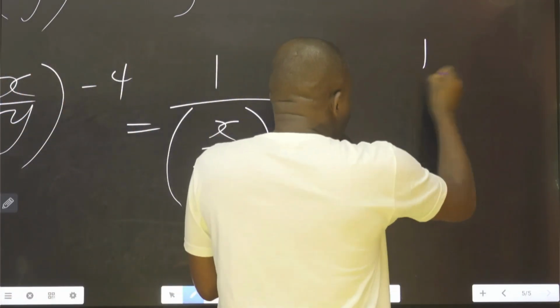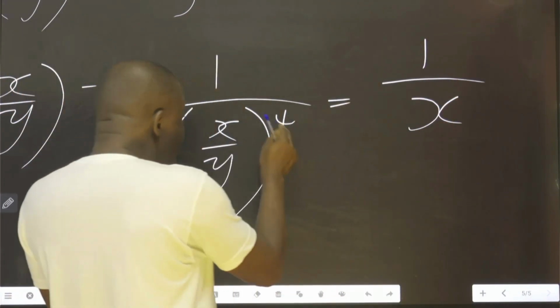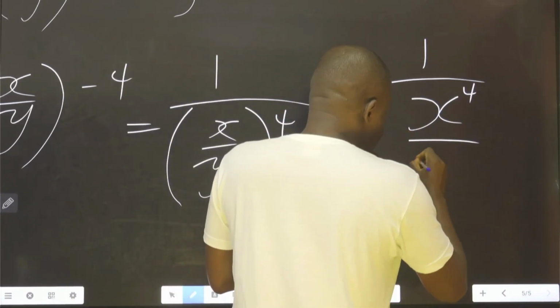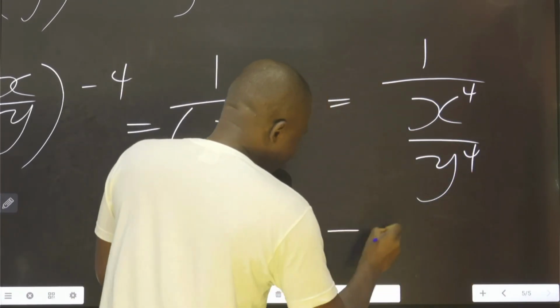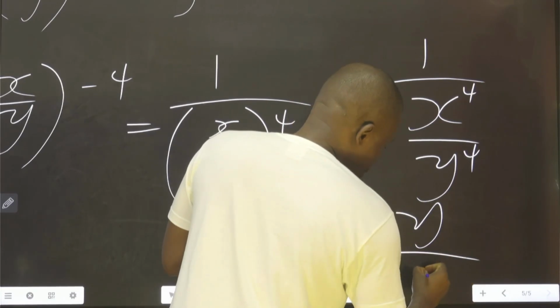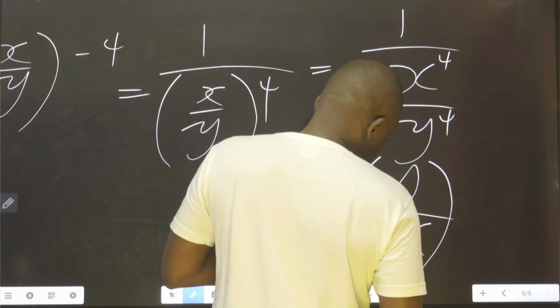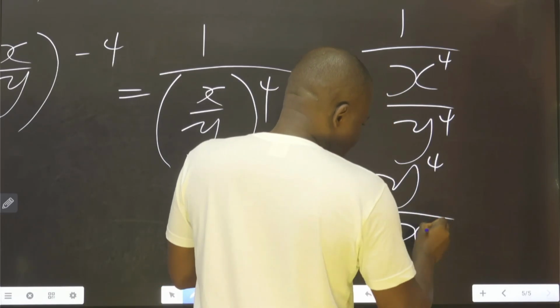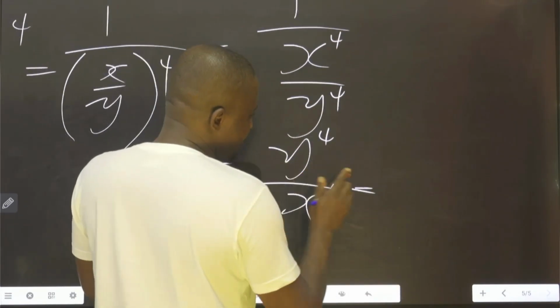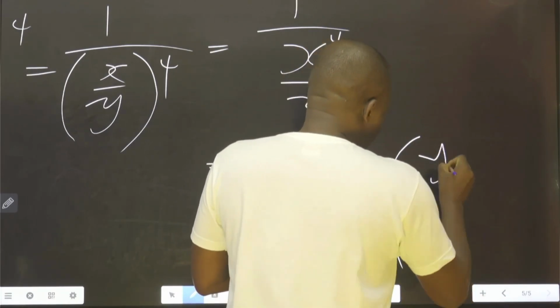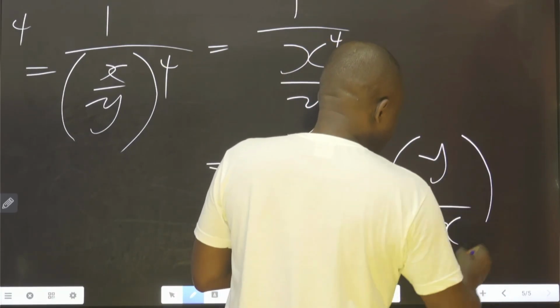Therefore, I put 1 over x, 4 is for x and also for y. I can simply reverse them. I put 4 here, 4 here, which can also be expressed as y over x raised to power 4.